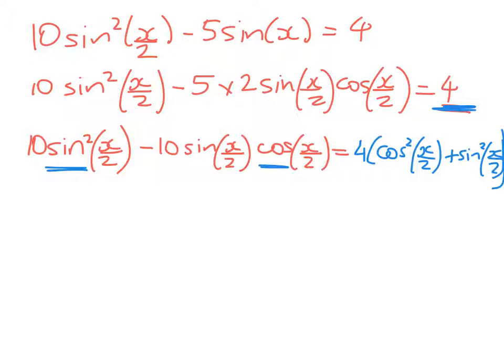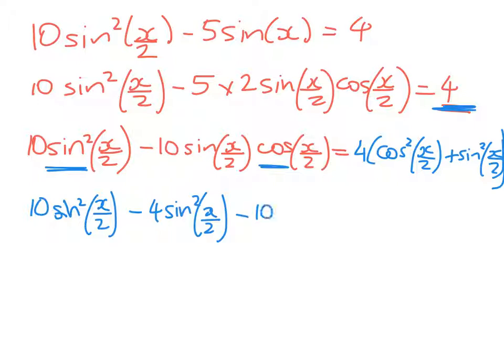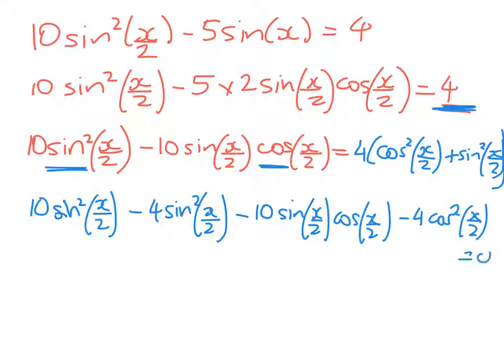Now I'm going to collect up like terms, and we've actually done all of the kind of creative bit of the problem now. So here we've got 10 sine squared of x on 2 minus 4 sine squared of x on 2 minus 10 sine x on 2 cos x on 2 minus 4 cos squared of x on 2, and now that's all equal to 0.